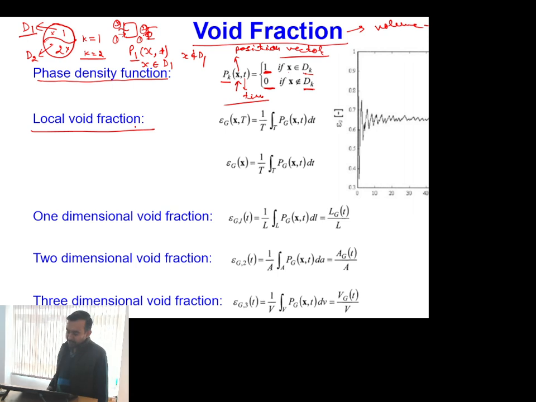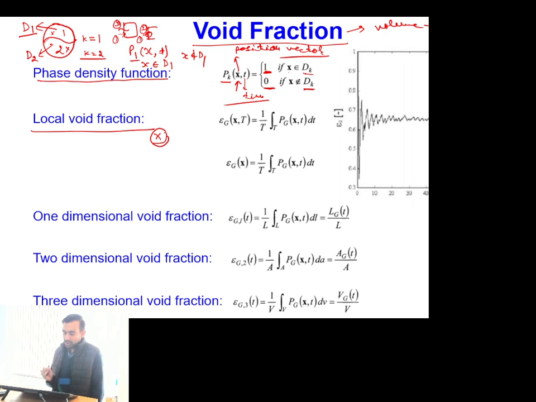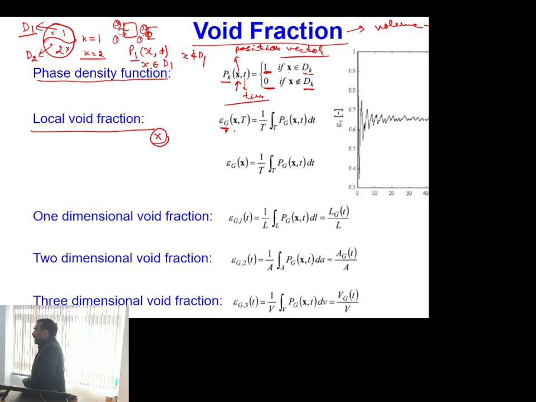Okay, now let us talk about local void fraction. Local void fraction means at any particular arbitrary location we are trying to measure the void fraction. Local void fraction of gaseous phase, epsilon g. The g I am referring to means I am talking about the gaseous phase. Typically, if liquid and gas are present, then void fraction refers to the volume fraction of the gaseous phase.